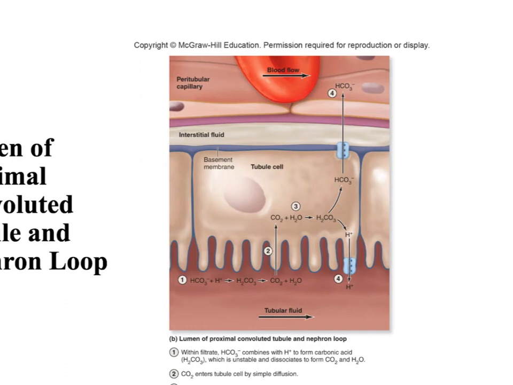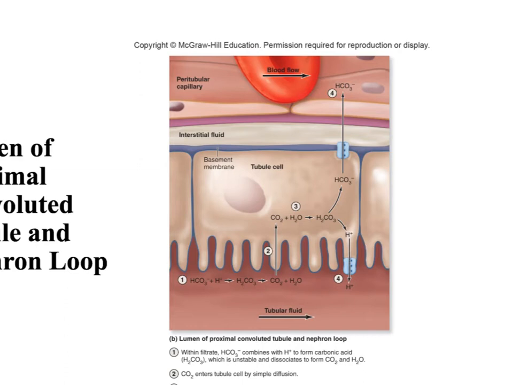These things don't cross the membrane very easily, so we have to switch it over to CO2. That crosses the membrane easily. It reforms with water, and then we can split it into the bicarbonate ion and the hydrogen ion, which will be expelled back out to the body. So we're splitting these two points: one bicarbonate to the blood, one hydrogen ion to the tubular fluid.